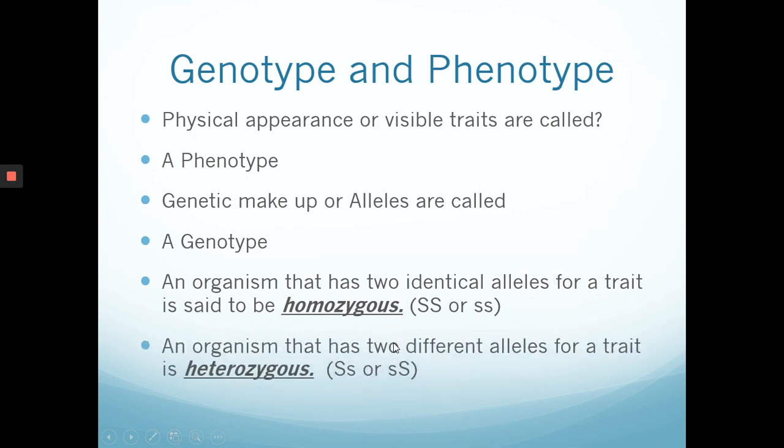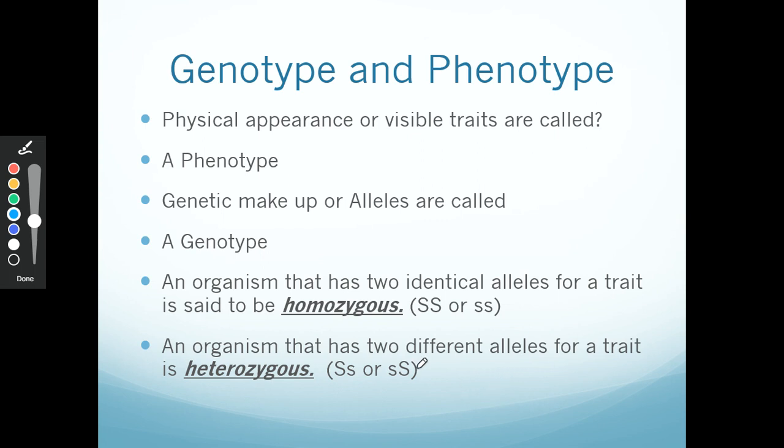And when an organism has two different alleles, that is heterozygous. Hetero, we know, means different. So here we have a dominant and recessive allele. And if you happen to end up with this in your Punnett square, this is the exact same thing as this. One dominant form of the allele, one recessive form of the allele.